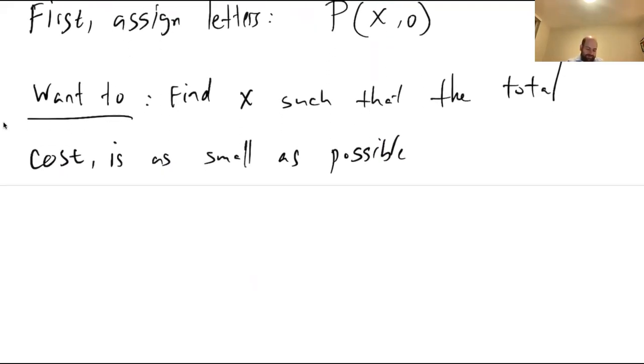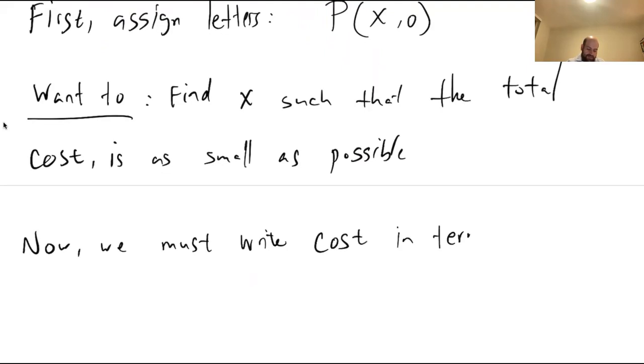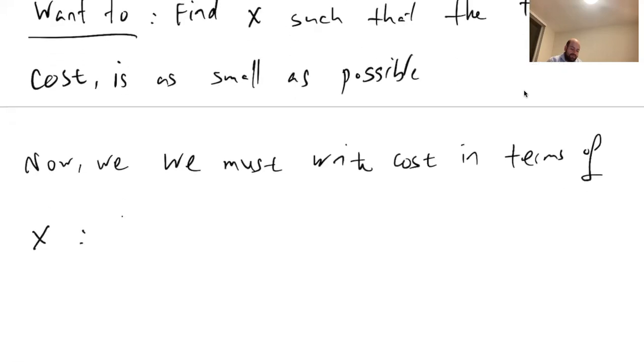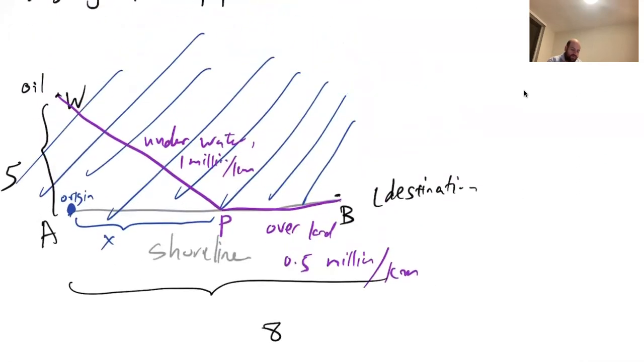So now we must write cost in terms of X. Let's see how we can write the total cost in terms of X. So what is the total cost?